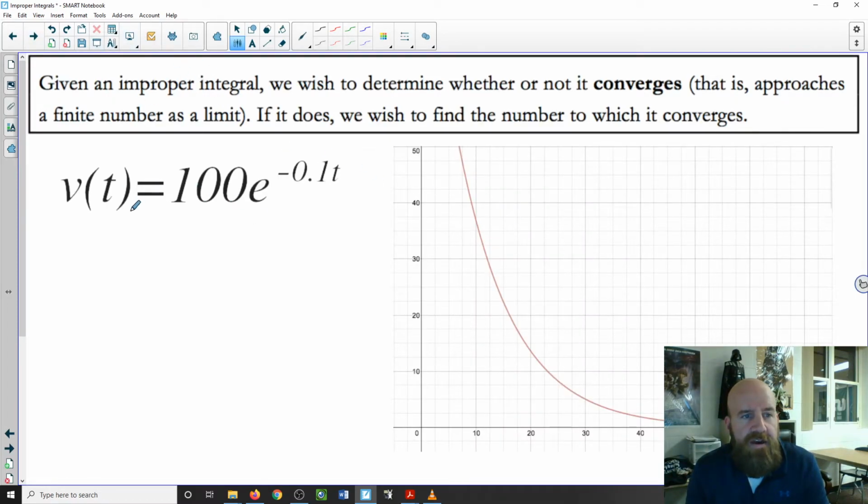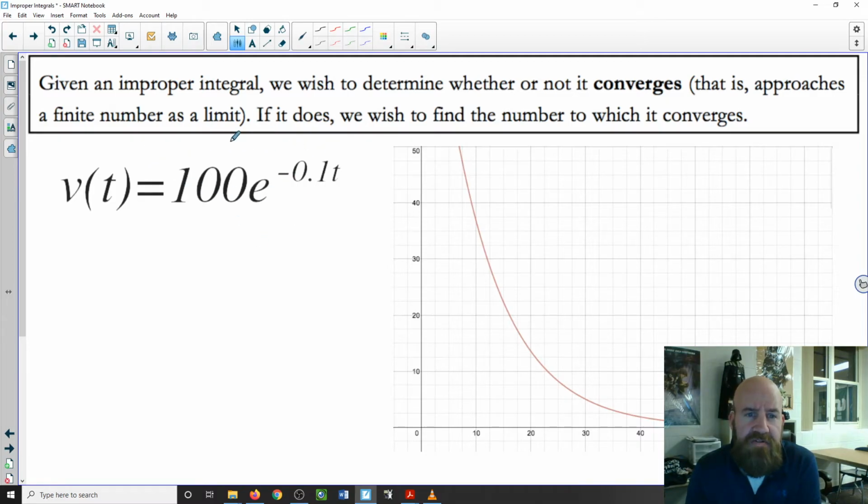This one here, we have a velocity problem. The velocity of a car is given. In this situation, you let off the accelerator, the gas pedal, and from the time you let off to an infinite amount of time, we need to figure out the displacement, or how far the car travels after you let off the accelerator.